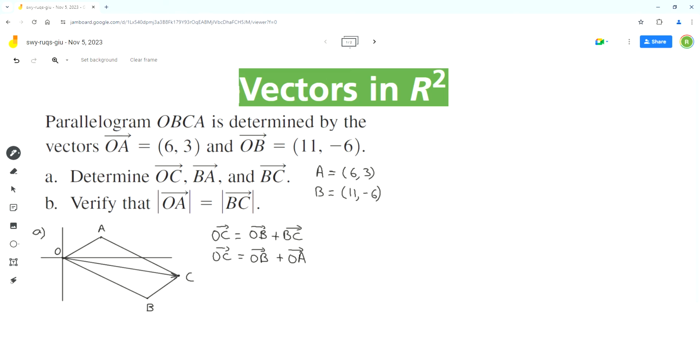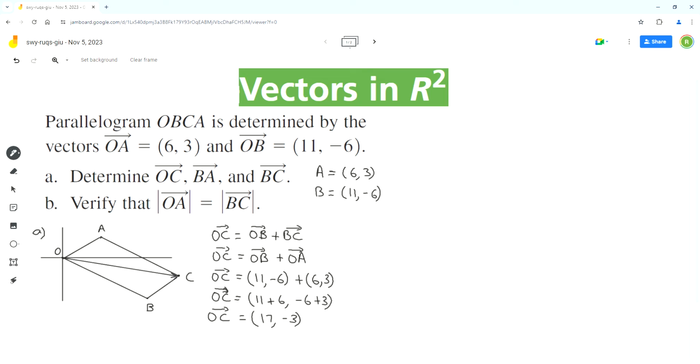We know the values for vector OB and OA, and we can add these vectors by adding their x components and y components. So this is vector OC.